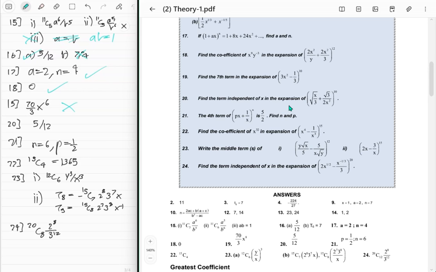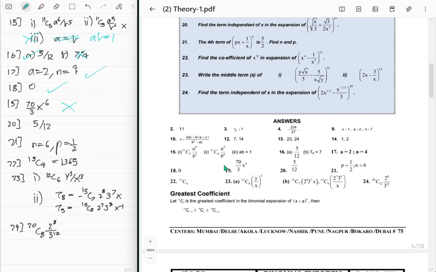20. Find the term. Okay, yeah. 20 is 5 upon 12. Okay, that's right. Then 21. P is equal to 1 upon 2 and n is equal to 6. Okay, that's right. 22. 15C4, which is whatever this thing is. So that's right. Then 12C6 y upon x cubed. Okay, that's right. And these two things.